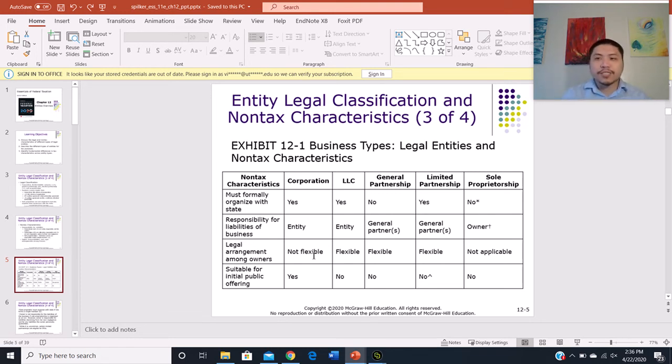If they want to change something or make some arrangement with other shareholders, it is more difficult to do. But for an LLC or a partnership, it's usually much more flexible, and business owners can just make an agreement on whatever matters they want to deal with each other, right?